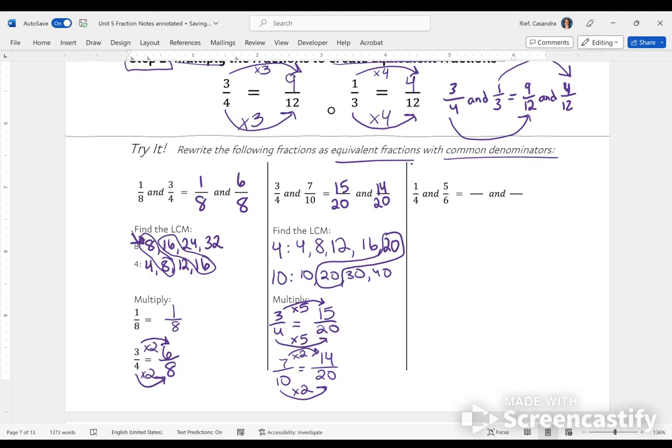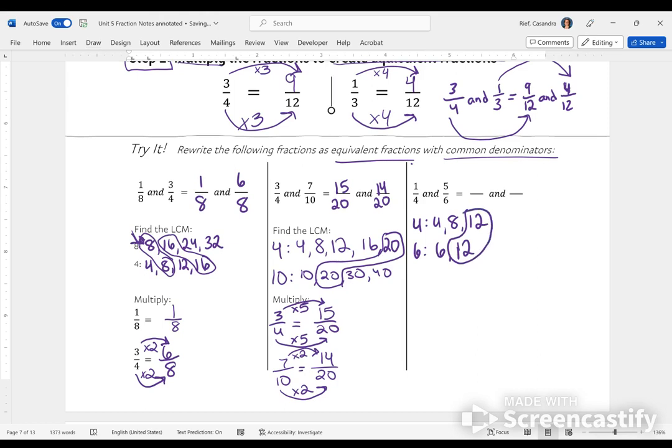Let's try one more. I need to write 1/4 and 5/6 as equivalent fractions with common denominators. I'm going to start by finding the LCM of 4 and 6. 4, 8, 12. Ooh, I'm going to stop there. I know I can make 12 using 6, so I think that's probably going to be my common multiple. 6, 12. Yep, got it.